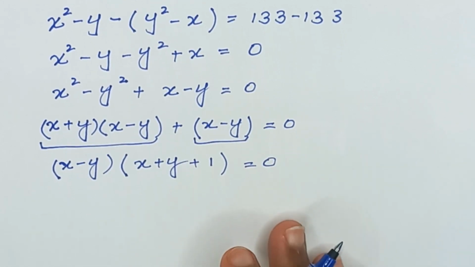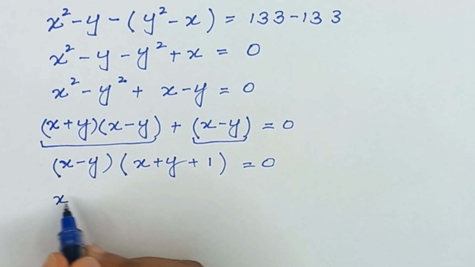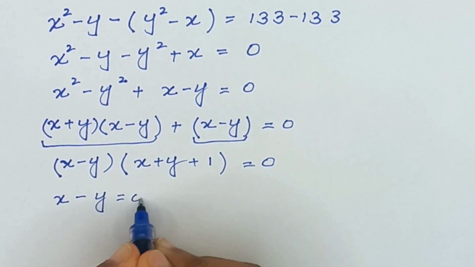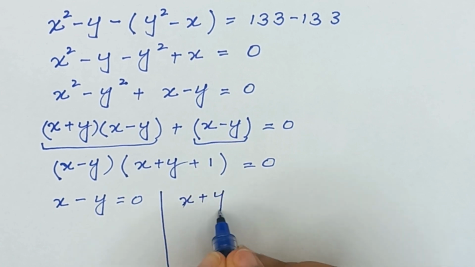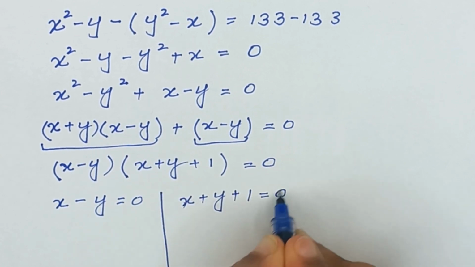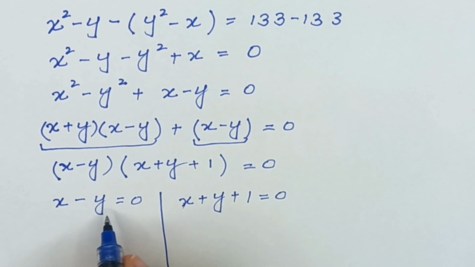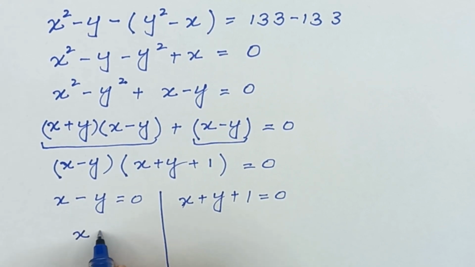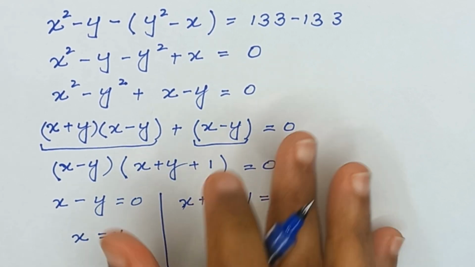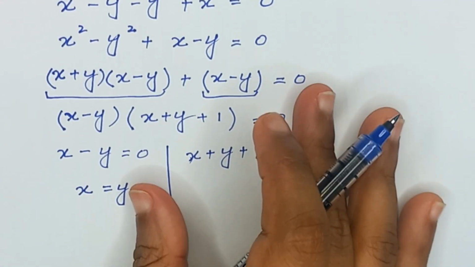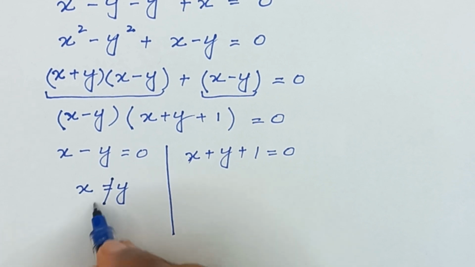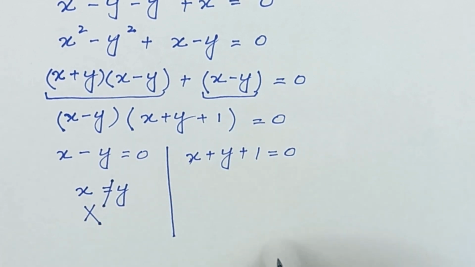So here we have two solutions, that x minus y is equal to 0 or x plus y plus 1 is equal to 0. From the first solution we have x is equal to y, but it is given that x is not equal to y, so it is not a solution for this problem.